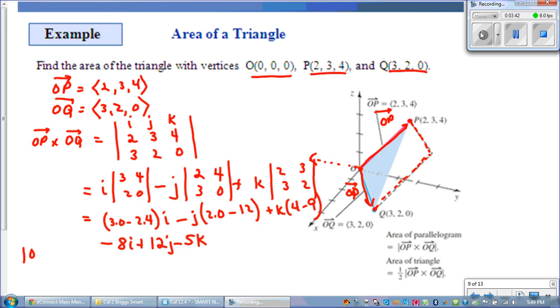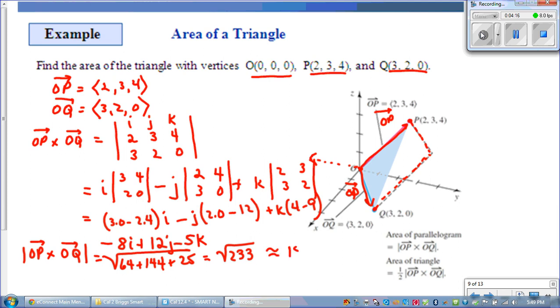The magnitude of that vector, that cross product, is actually what will give us the area of that parallelogram. So it'll be the square root of 64 plus 144 plus 25, which is the square root of 233, or approximately 15.26.